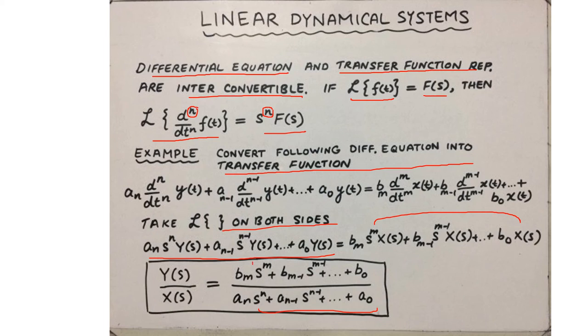And after rearranging these polynomials in the transfer function representation, we have an m degree polynomial in the numerator and the nth degree polynomial in the denominator, with the corresponding weights a n minus 1 to a naught in the denominator and b's in the numerator.